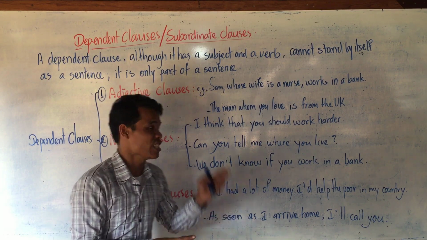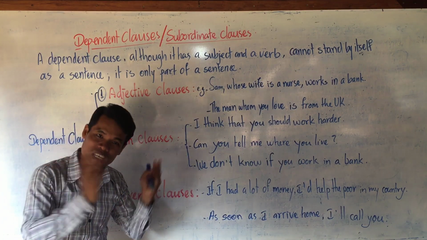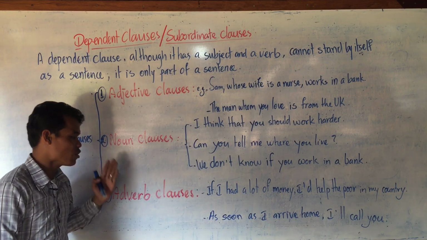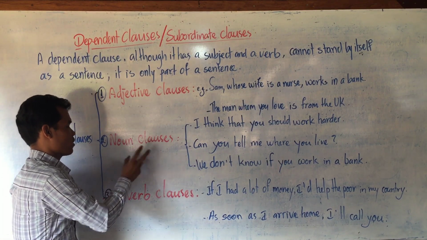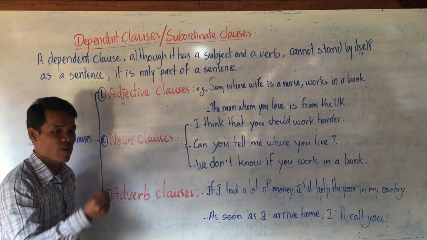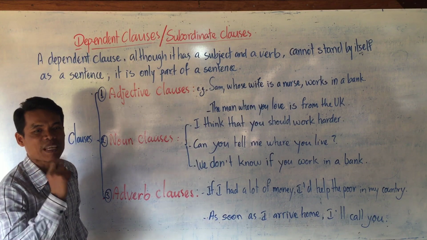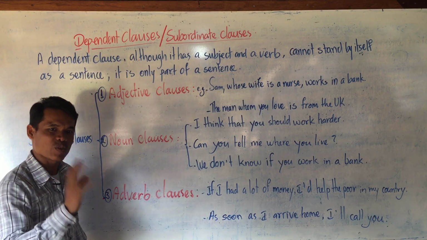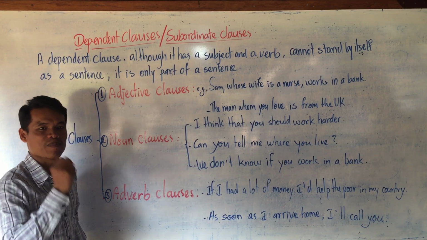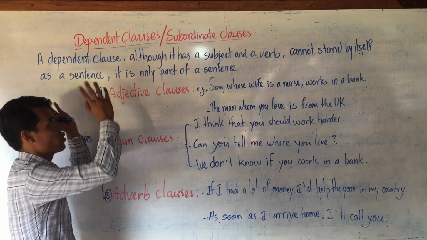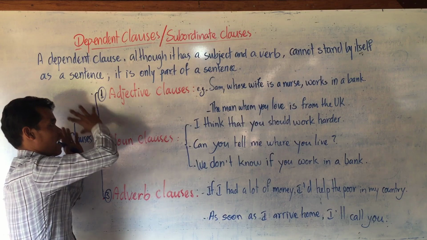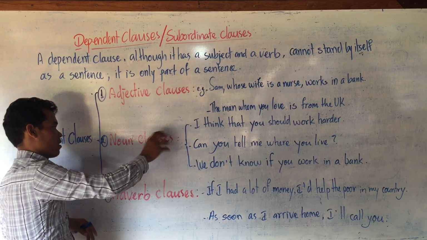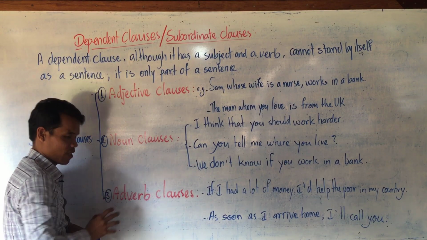One is adjective clause, number two is noun clauses, and number three is adverb clauses. So adjective clause, noun clause, and adverb clause come from dependent clauses. They do not come from clauses. Actually, clauses have two types, dependent and independent. Dependent has three more: adjective clause, noun clause, and adverb clause.